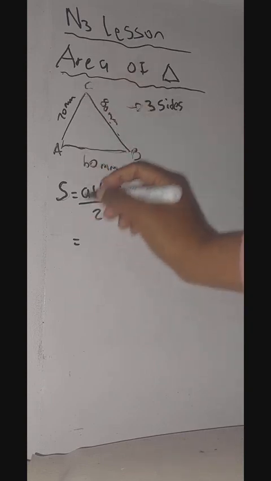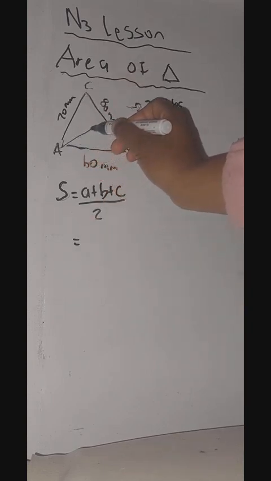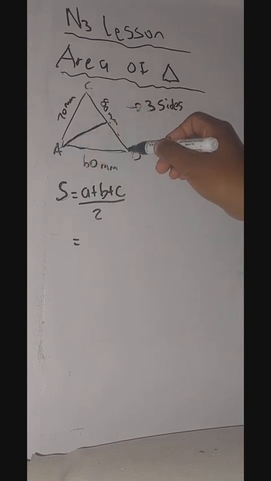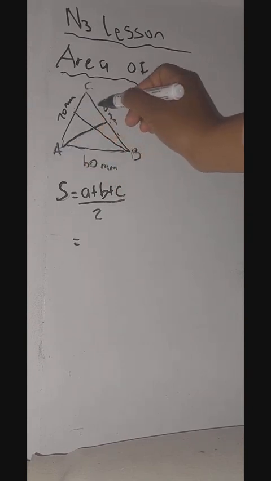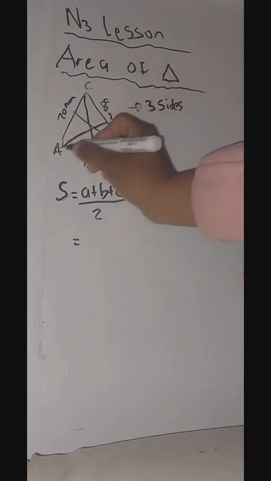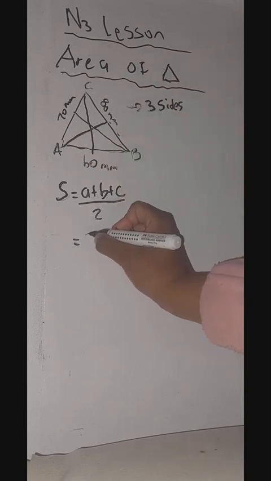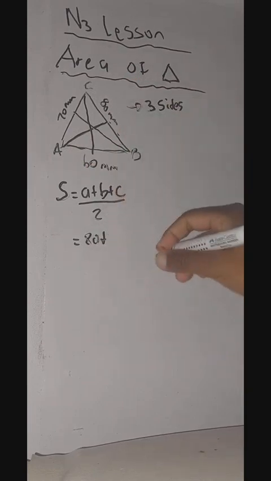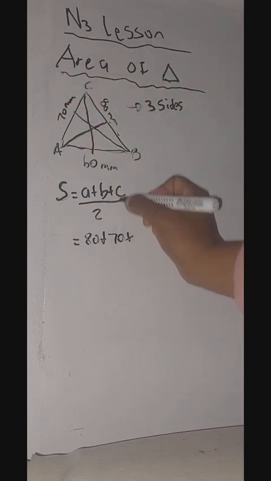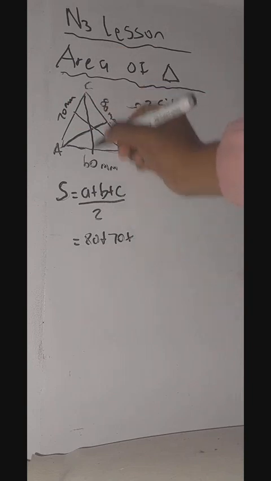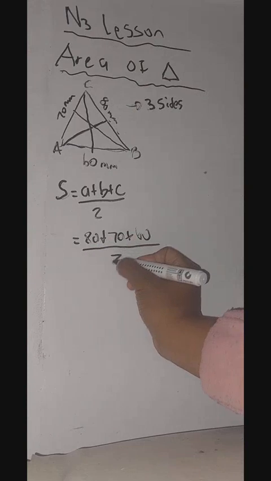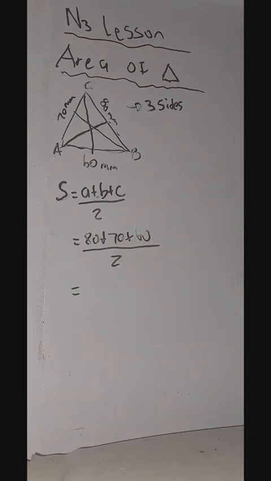So what is A? A, remember, is the side that is opposite to angle A. B is the side that is opposite to angle B, and C is the side that is opposite to angle C. So the side that is opposite to angle A is 80. The side that is opposite to angle B is 70. The side that is opposite to C is 60, right? Over 2.